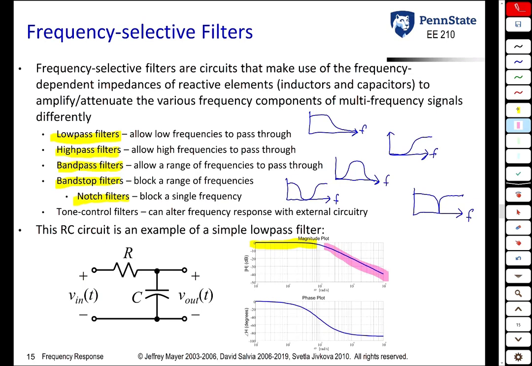So if you use voltage division, this impedance over the sum of these two impedances is going to be close to 1 or 0 dB. As our frequency goes up, the impedance of the capacitor goes down. So now the ratio of the capacitor impedance to the capacitor plus resistor is going to be a number much less than 1, and we start getting our lower gains.